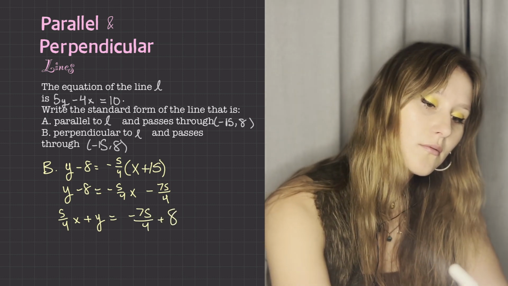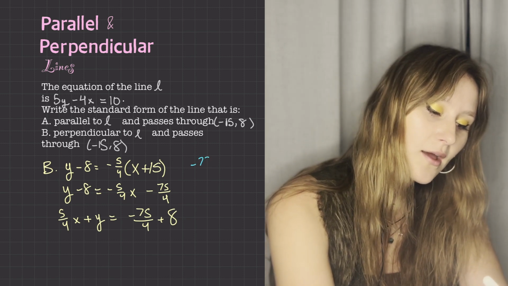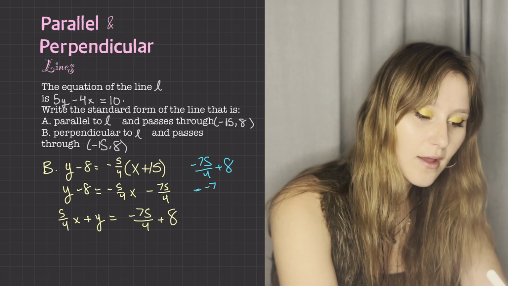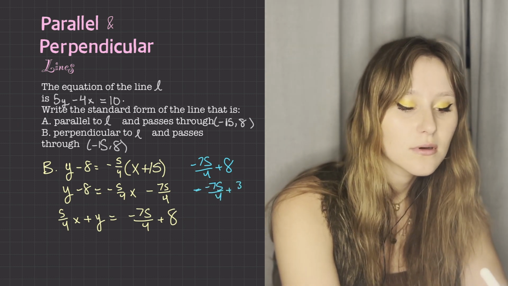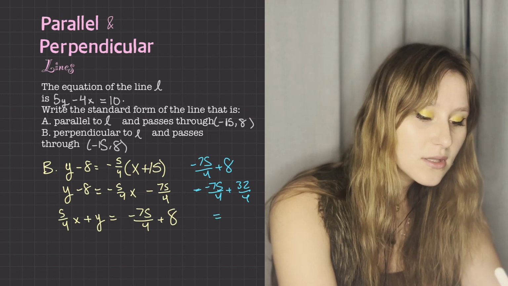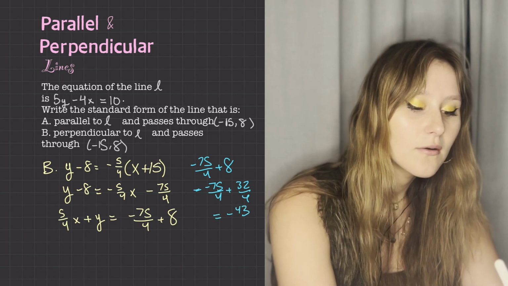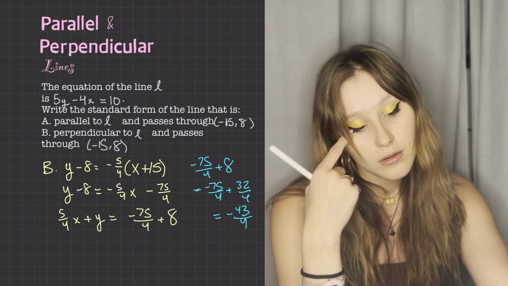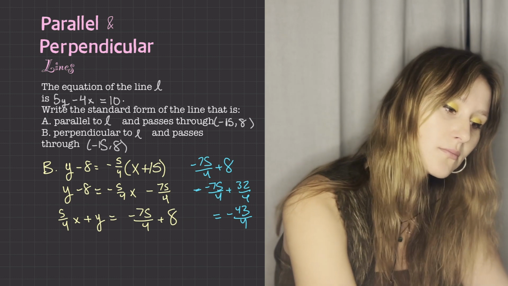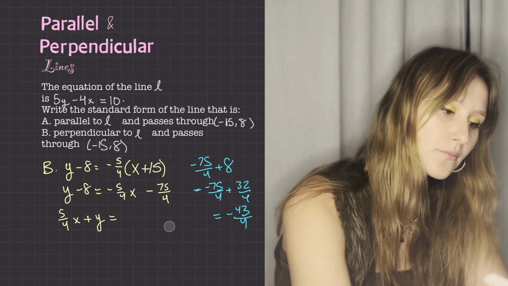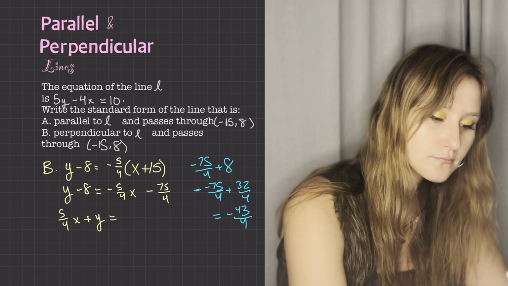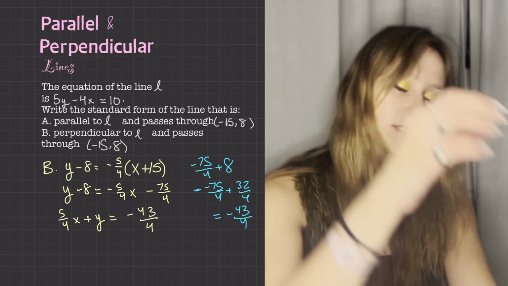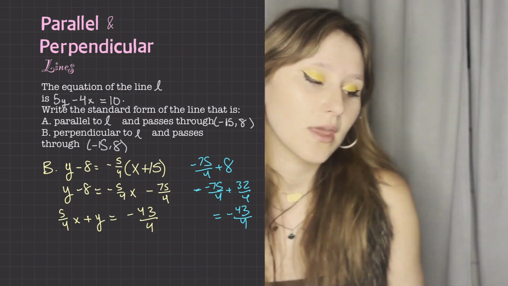So minus 75 over 4 plus 8 is equal to minus 75 over 4 plus 32 over 4. That's equal to negative 43 over 4. Is that right? Yep, it is. So we have negative 43 over 4. And that's the tea. That's the major tea that we have here.